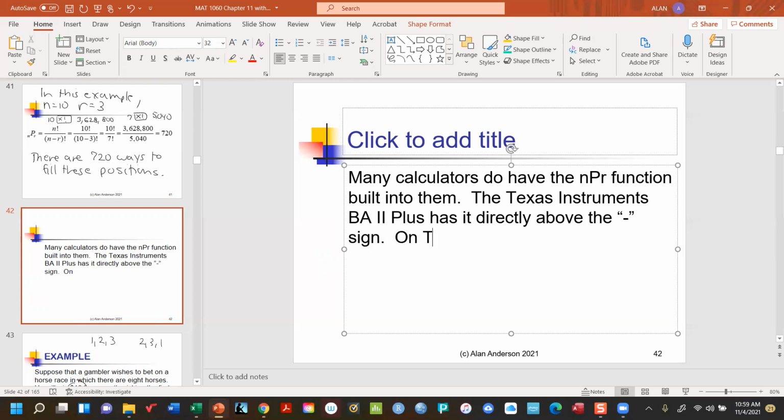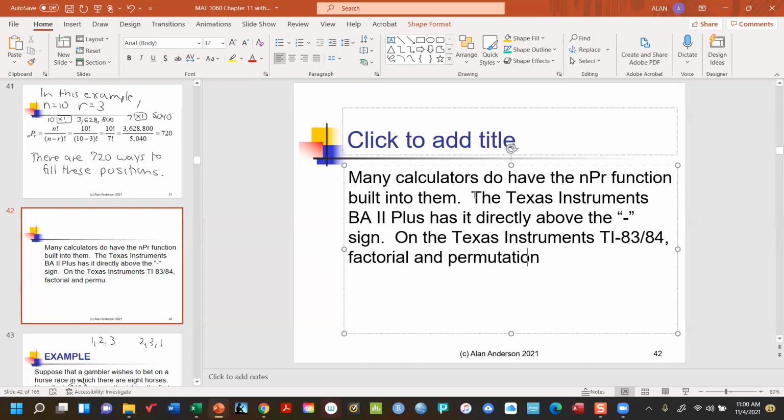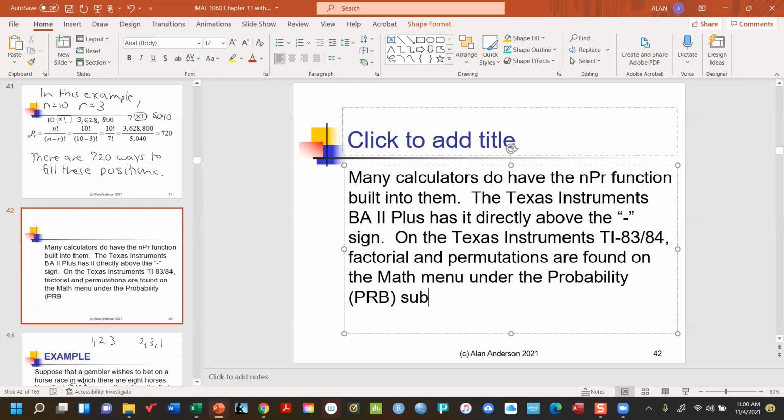On the Texas Instruments TI-83/84 series, factorial and permutation are found on the math menu under the probability submenu. They're in there, so just take a look, and that will speed things up even more.